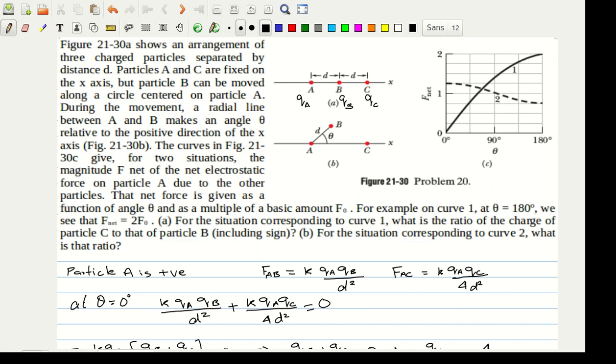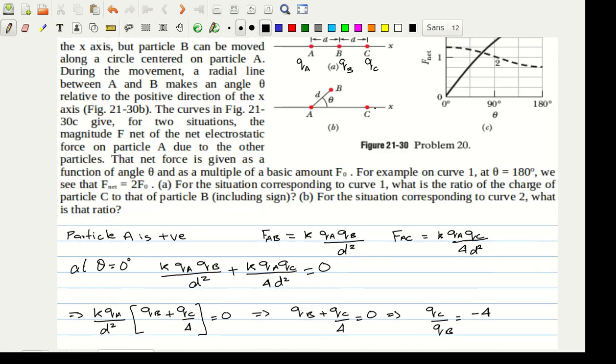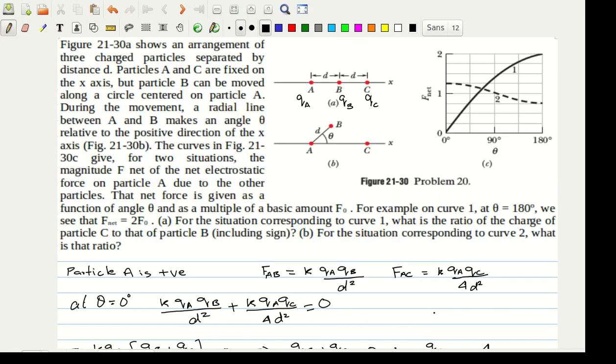So if B is positive, C has to be negatively charged. If B is negative, then C has to be positively charged. So that is why we have a ratio of negative number, and the charge qc of particle C should be 4 times the charge of B because it is farther away.